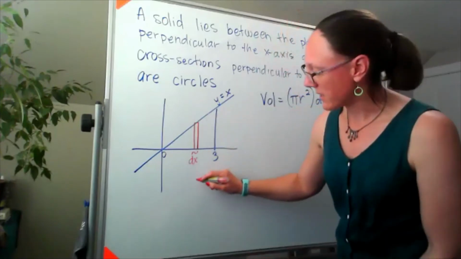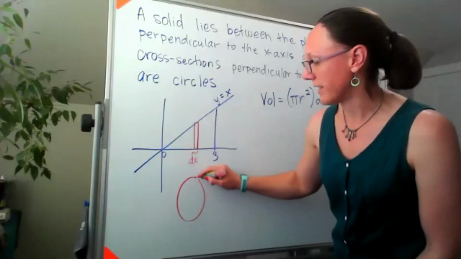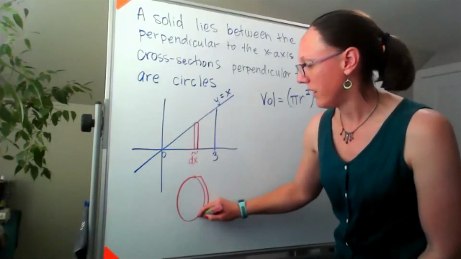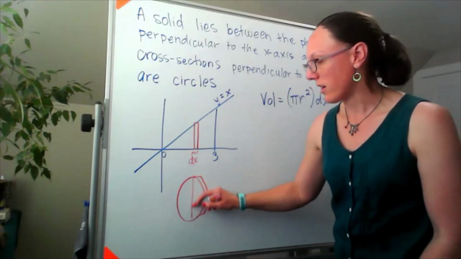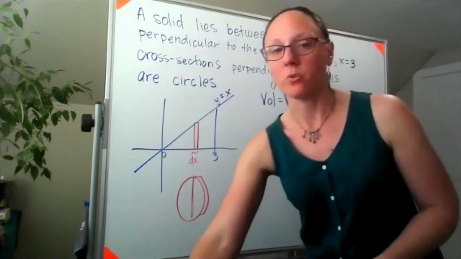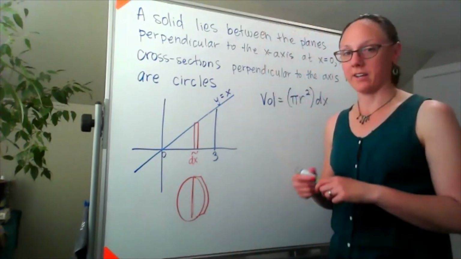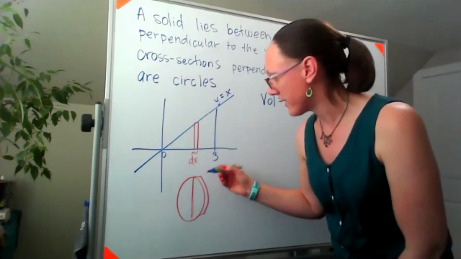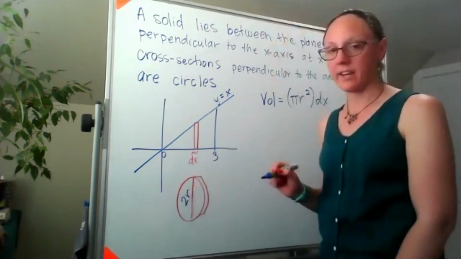Well, that cross-section, again, that's a slice, but that's a slice that corresponds to a circle. So that piece, if I kind of transferred it down here, it's a circle with a little bit of thickness. So that cross-sectional height that we're seeing isn't the radius, it's actually the diameter, or twice the radius. So that height is twice the radius.